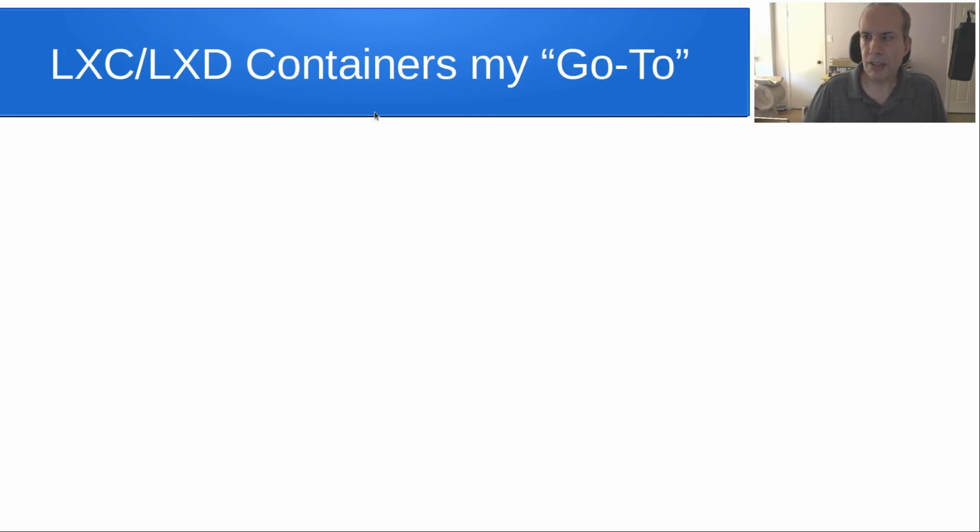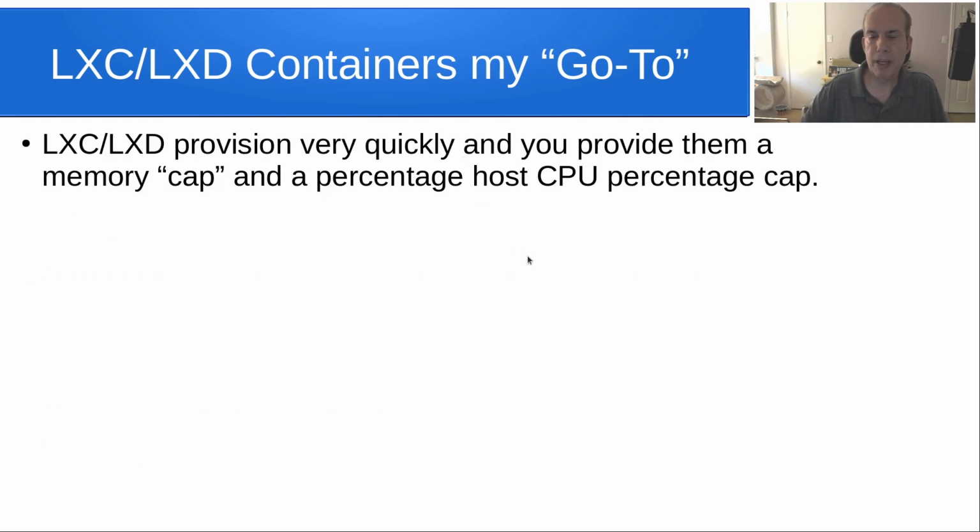So that being said, I guess you can already figure out that my go-to is basically LXC and LXD containers as opposed to virtual machines. And I try to use them whenever possible. LXC and LXD provision very quickly, and you can provide them a memory cap and also a percentage host CPU cap.